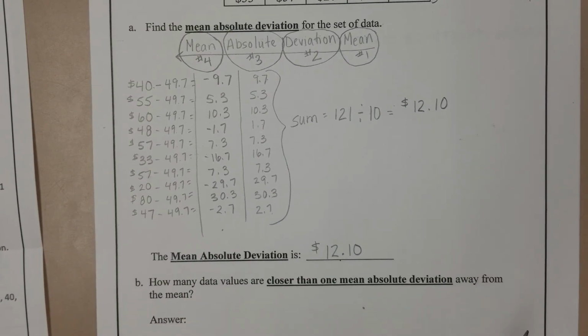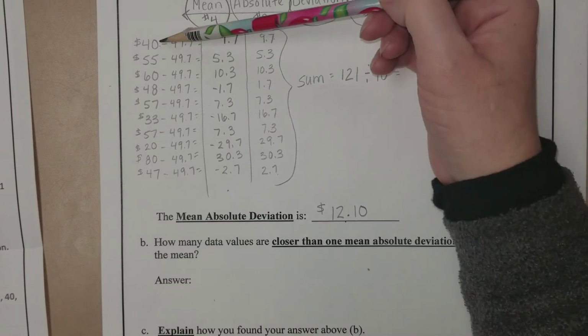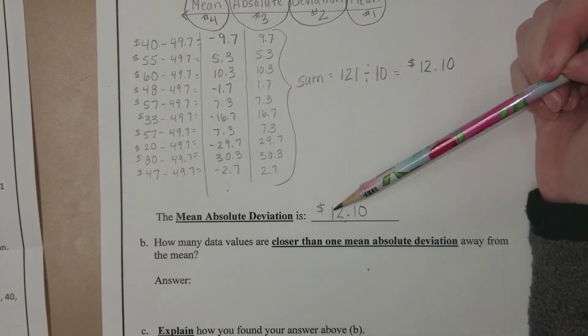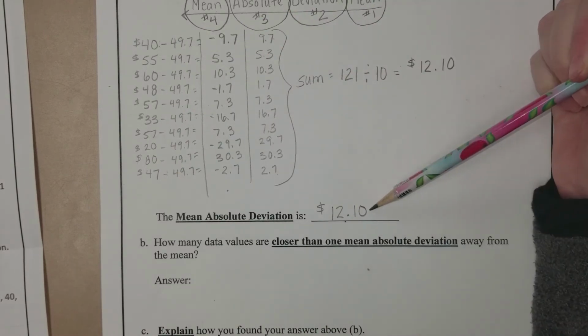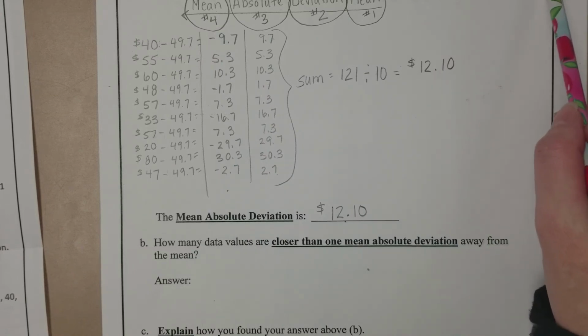How many data values are closer than one mean absolute deviation away from the mean? So how many of these prices are within $12.10 from the mean?